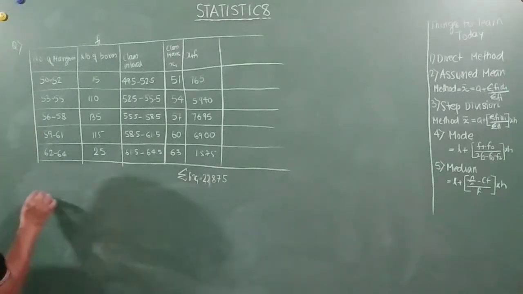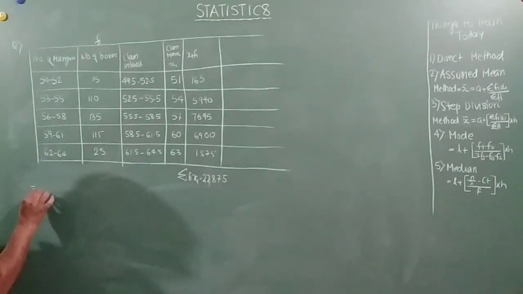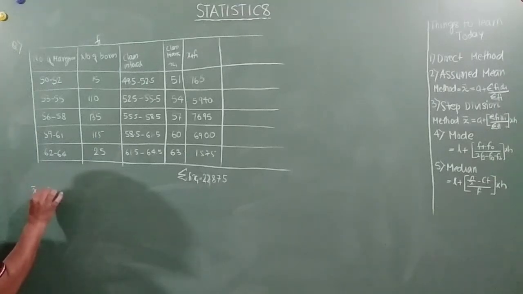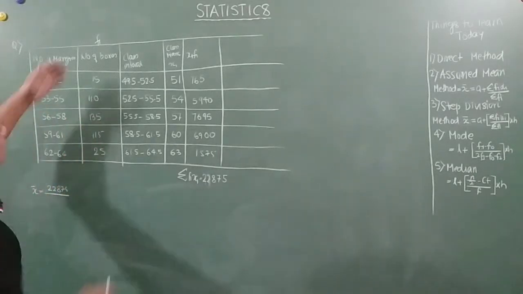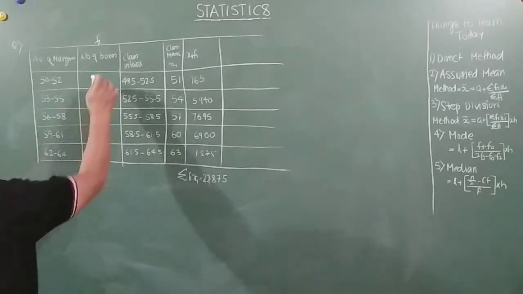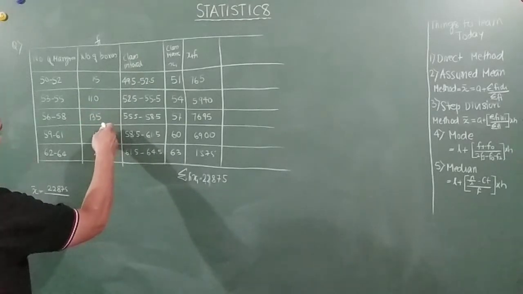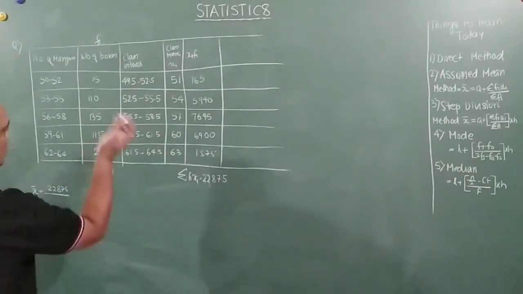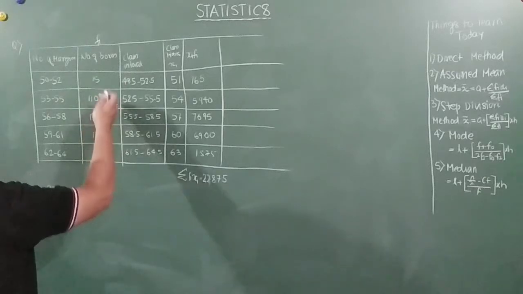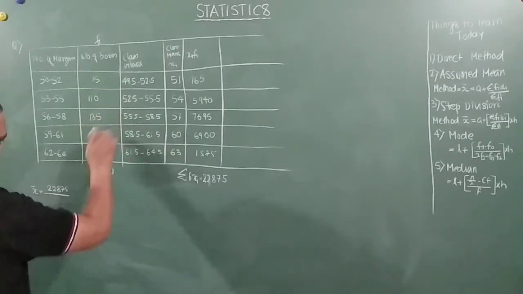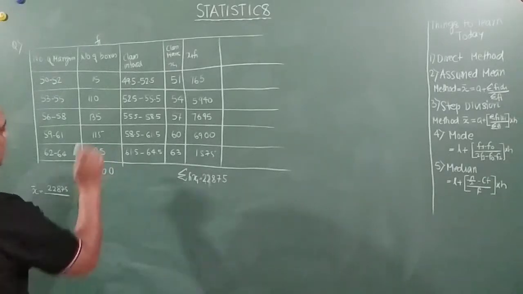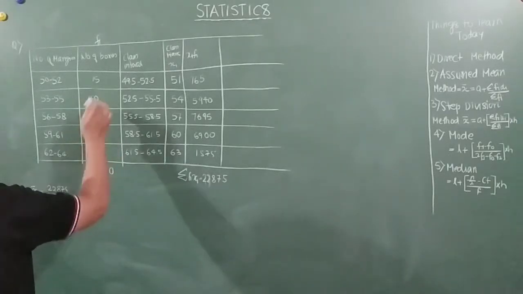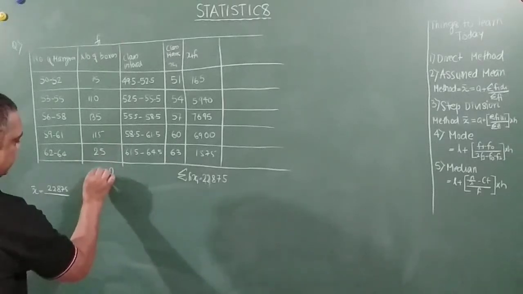So mean will be how much? X bar is equal to 22875 divided by, okay, this is not totaled up here. Let us do that. 5 plus 5 10 plus 5 15 plus 5 20, 2 plus 1 3 plus 1 4, 4 plus 3 7 plus 1 8, 8 plus 2 10, remaining is 1, 2, 3, 4, 400. Right?